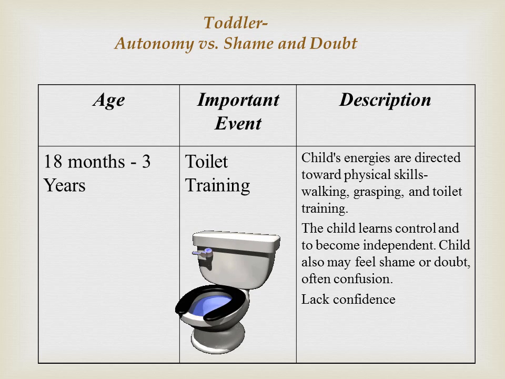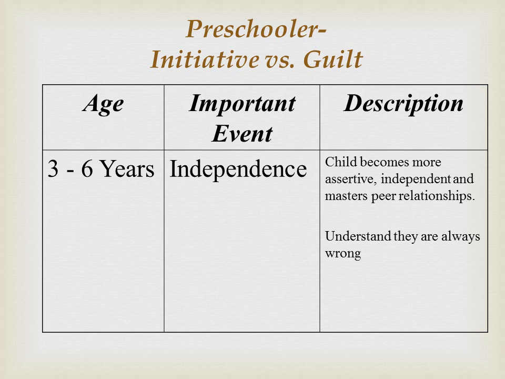Or you're not providing them with that and they become very ashamed, feeling they can't do anything and that nobody cares about them, and every time they fall down, no one's there assisting them with a hand up. Or you were told you were bad because you didn't use the toilet, and now you went to the bathroom in your diaper and you're going to sit in that diaper. They're going to be very confused, they're going to lack confidence, and they're going to fall under that shame and doubt category.